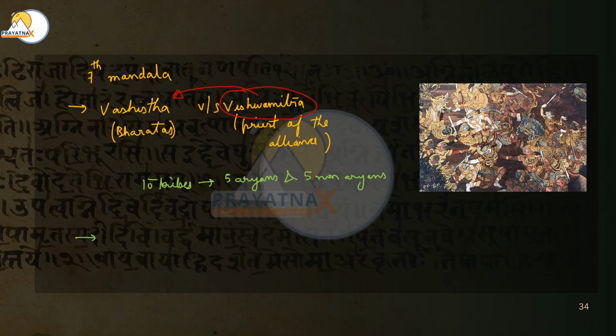Now, the most important thing here is that the battle itself was fought on the bank of river Parushni, which is the modern day river Ravi.